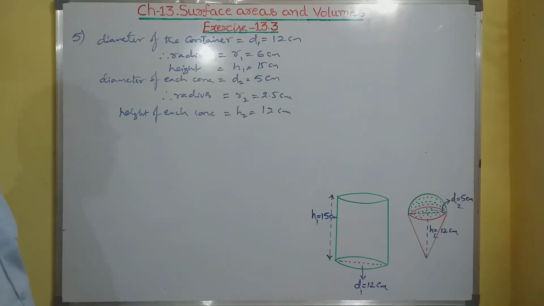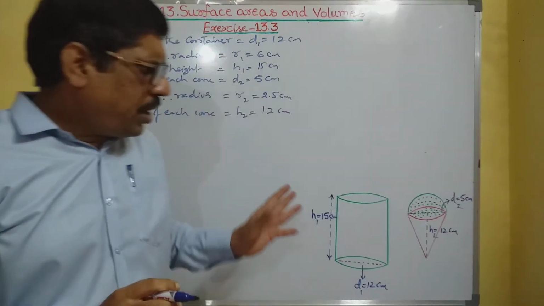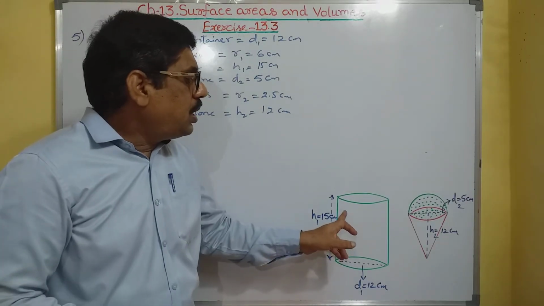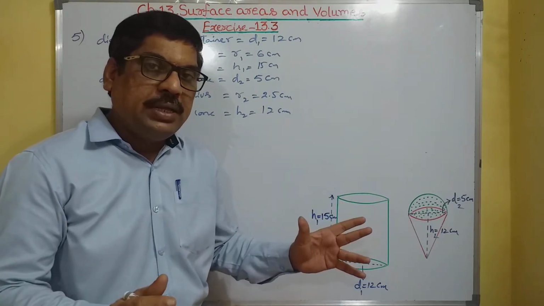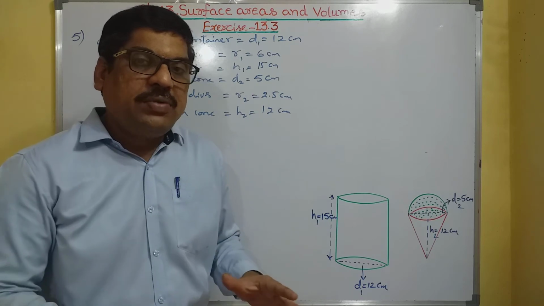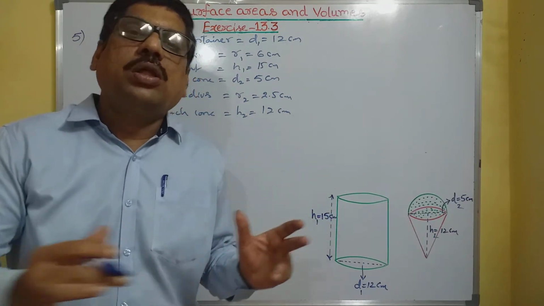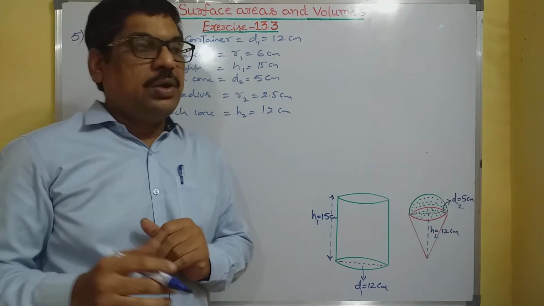Okay. Now, what you have to observe from the given information? The volume of the ice cream contained in the cylinder is equal to the volume of the ice cream filled into all the cones. Okay.